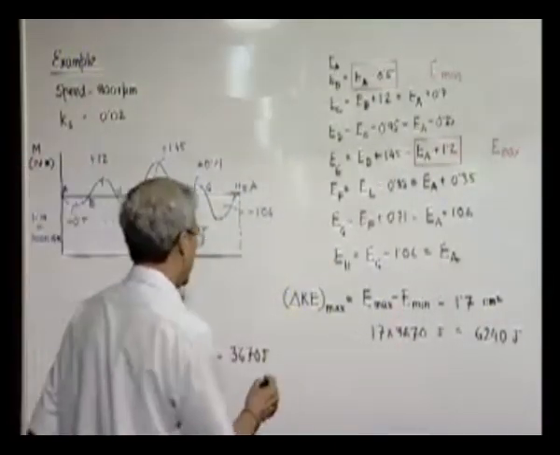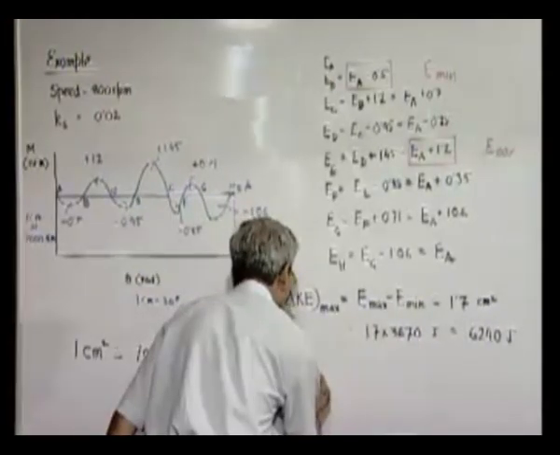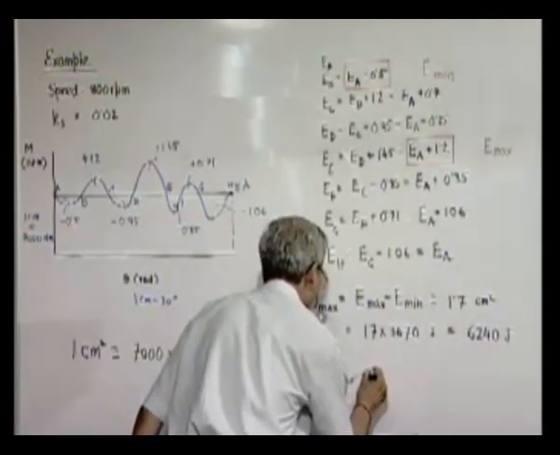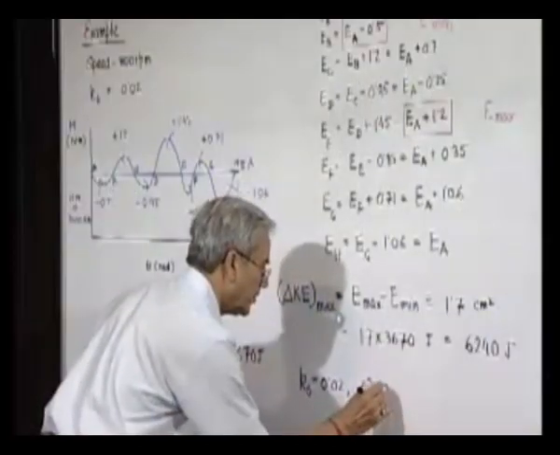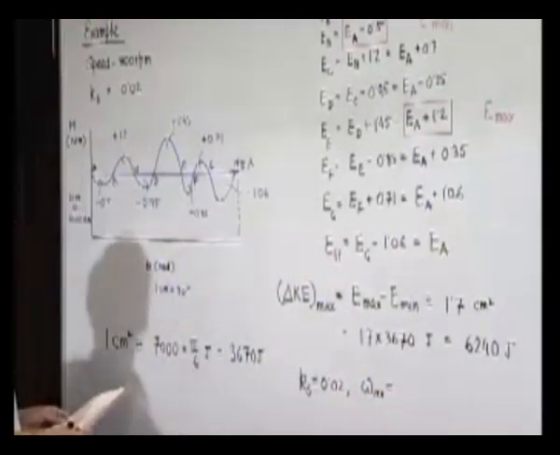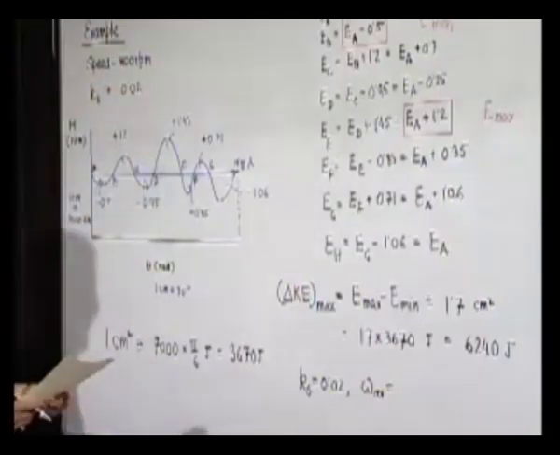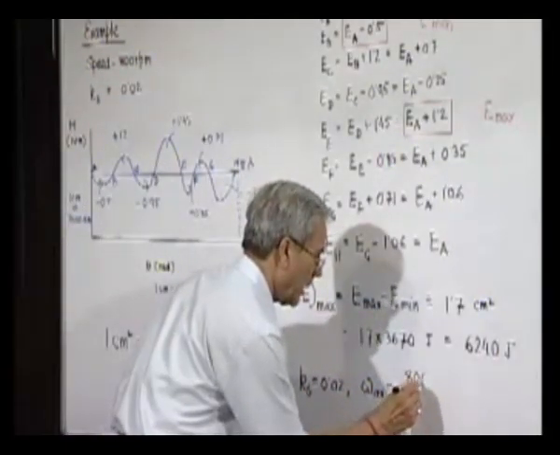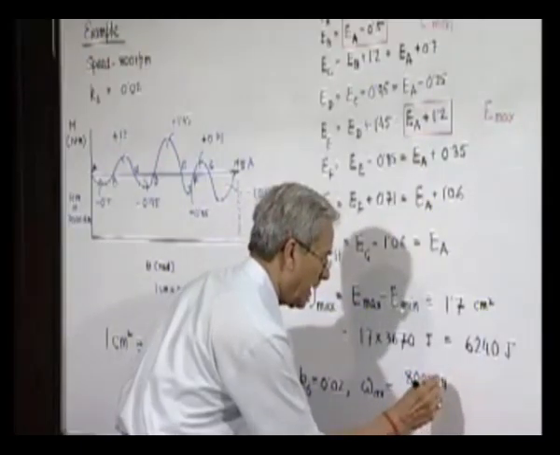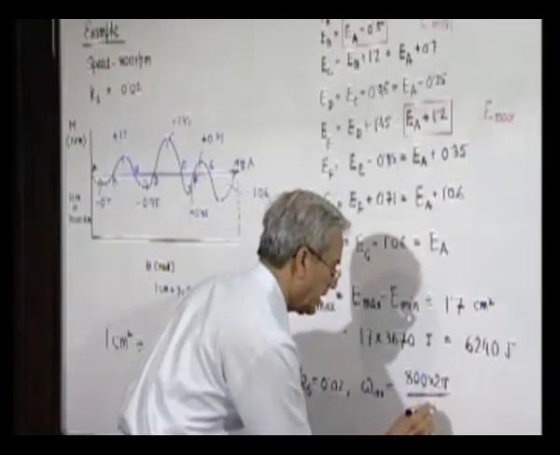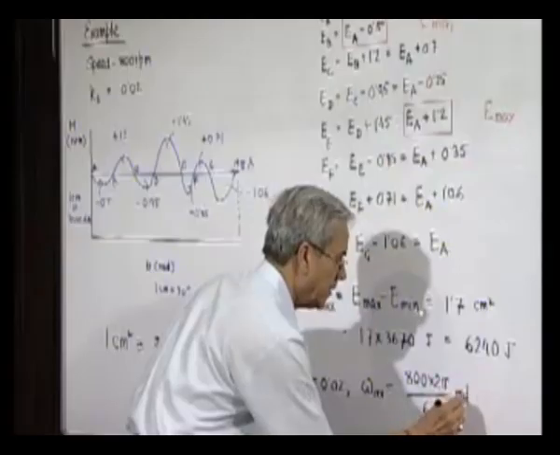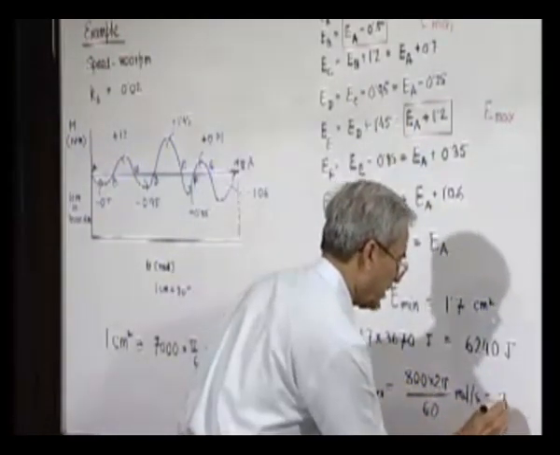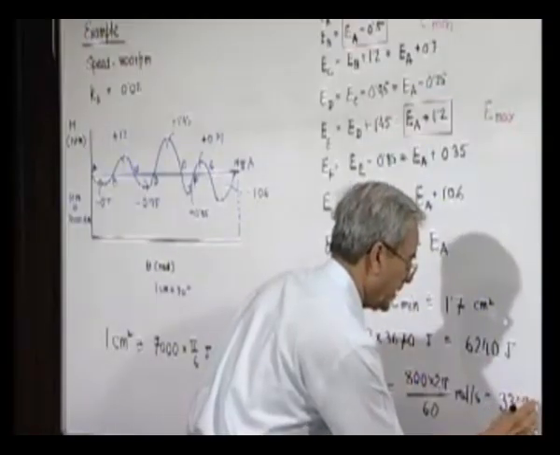Now our Ks has been specified as 0.02 and omega average, which you should be able to find out from this 800 RPM, which is 800 into 2 pi by 60 radian per second, which is 83.8 radian per second.